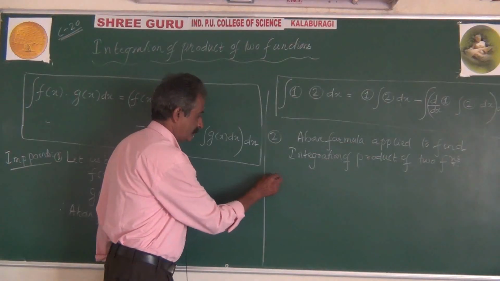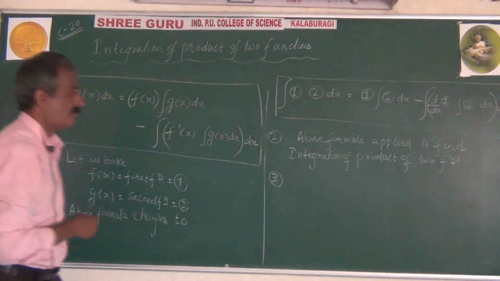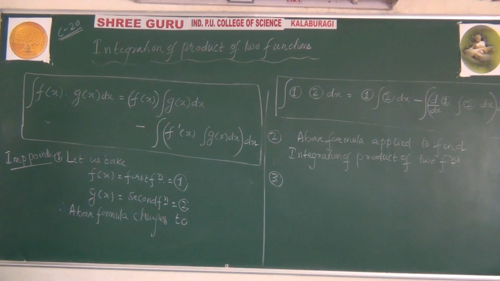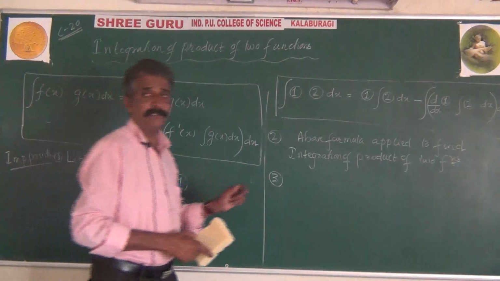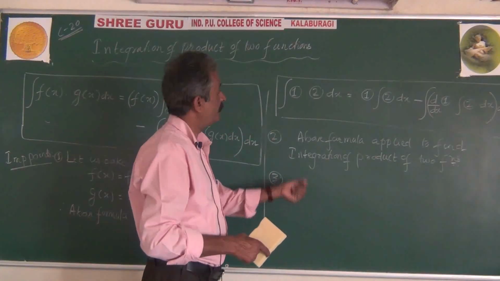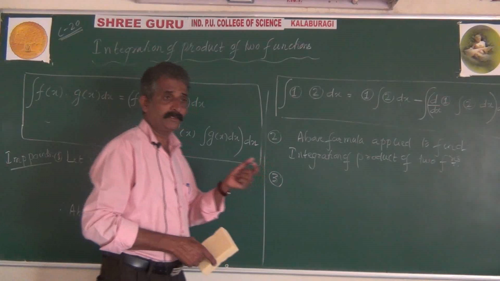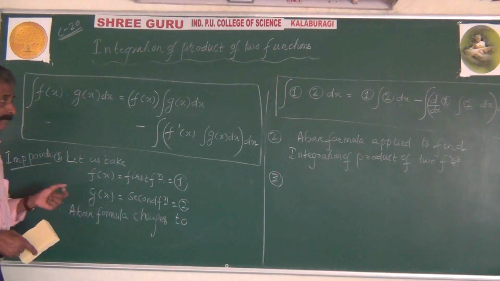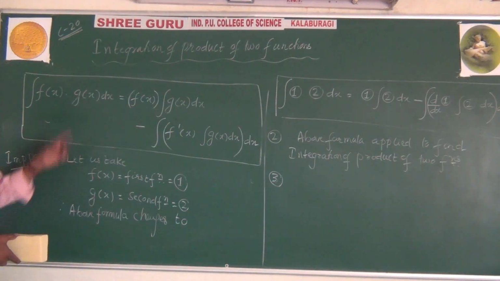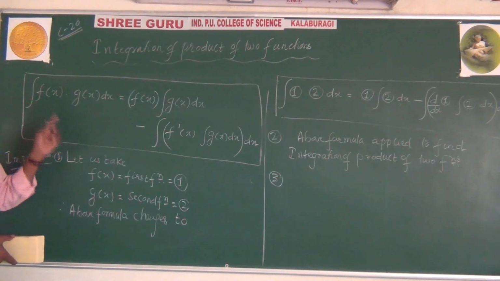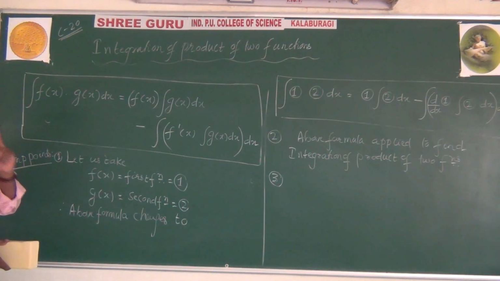Third point, or third note. This formula that we derived is called, more number of times, by the name integration by parts. So the word by parts, because the entire integrand function we are splitting into two parts.